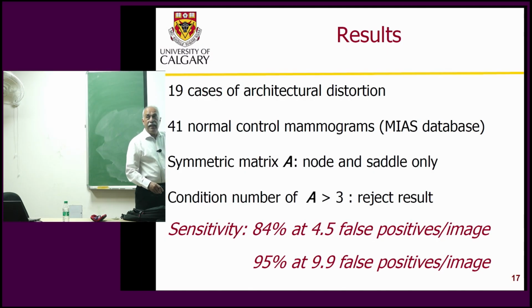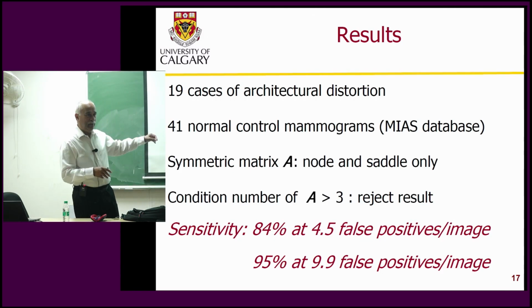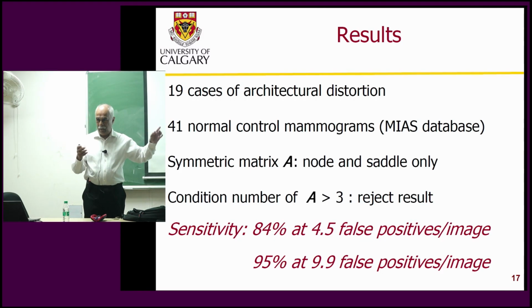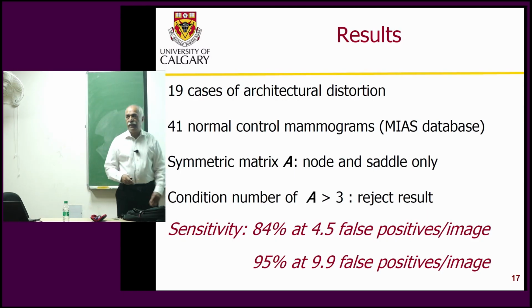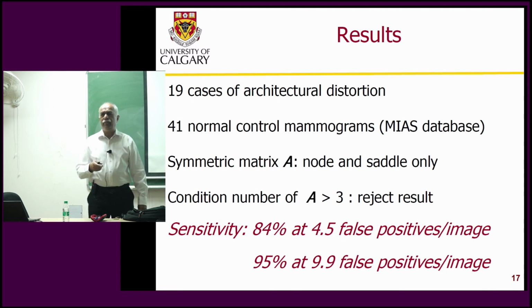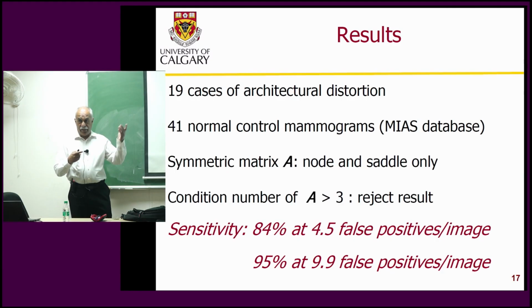But this, at that time, in the year 2003 or so when he did this, this was comparable to the sensitivity of detection and false positive rate for masses. And we were able to detect architectural distortion without masses with comparable sensitivity and false positive. I mentioned a few years before that Naga Modigonda did his PhD on detection of masses. I showed you that, flow field and all that.